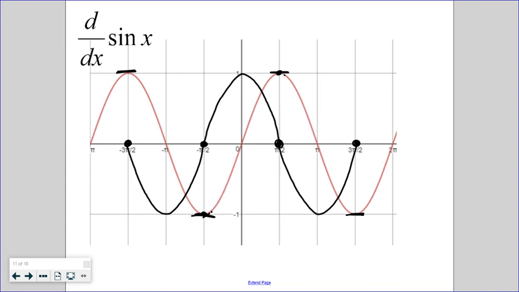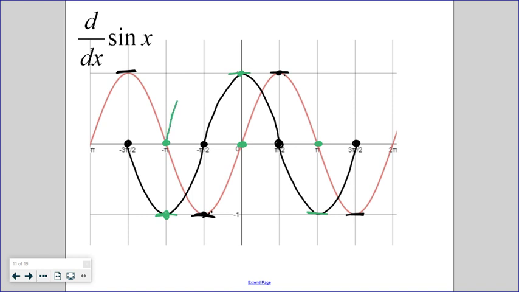If I were to use the black curve up here, our cosine curve, and look at its derivative using that same idea, your zeros would be the same. So my maximum gives me the 0 here. My minimum gives me the 0 here. And we start seeing those same zeros that are showing up on our cosine curve. However, if I were to go from this minimum right here to this maximum right here, those are all positive slopes, aren't they?